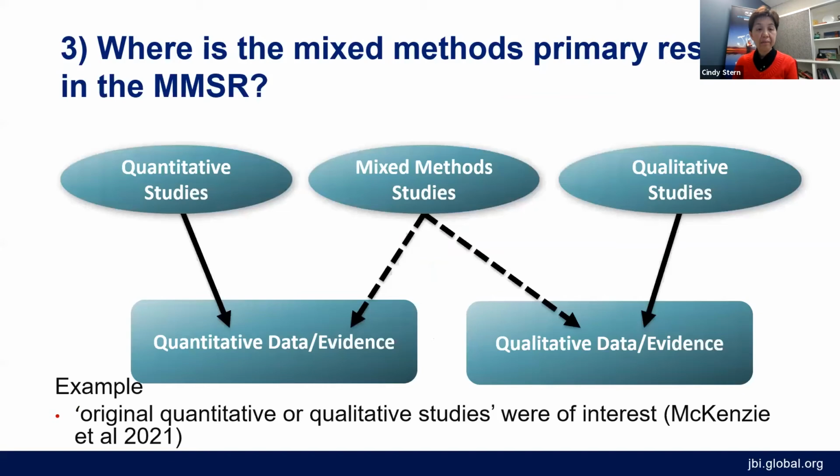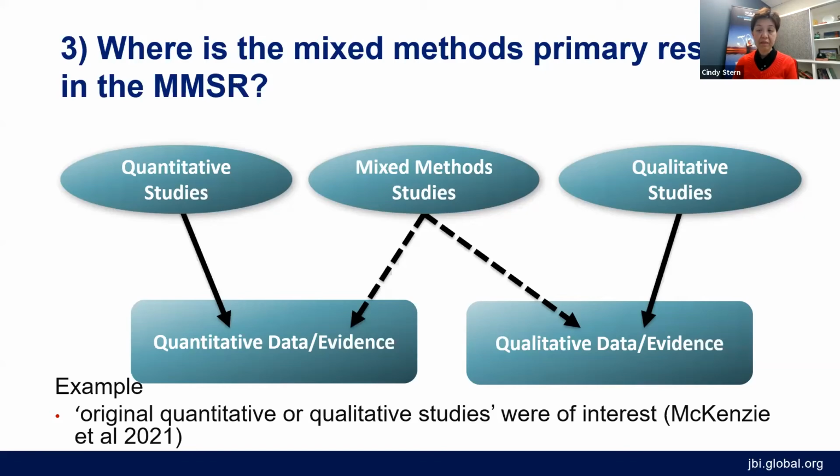The third issue that we've identified is that a few of the published reviews that we found did not explicitly state in their inclusion criteria the inclusion of mixed methods studies. Whether that's a deliberate or inadvertent decision to exclude mixed methods primary studies, it could be due to the challenges that this type of study introduces to the methods of the systematic review, but also potentially missing out some important evidence.